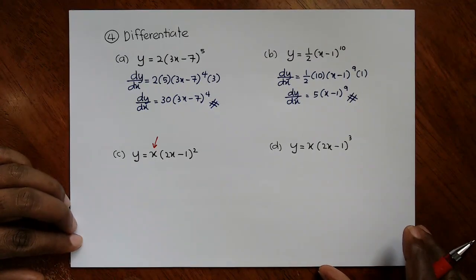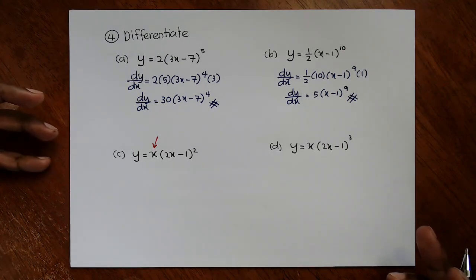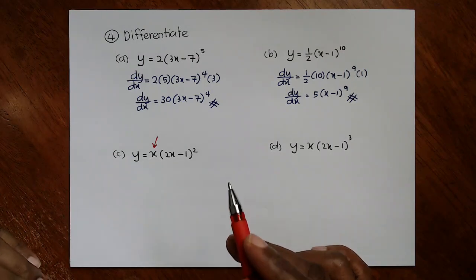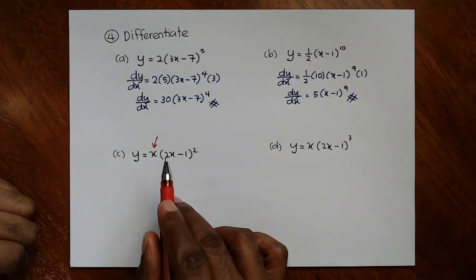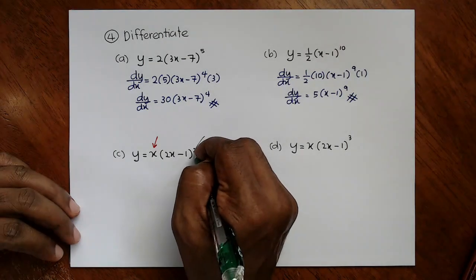So you cannot just ignore the x outside here and go on with the bracket method. If you have x outside of the bracket, you cannot use the bracket method. So how do we differentiate this? Luckily, the power is only 2. So we can actually expand this because the power is 2. So we expand this.